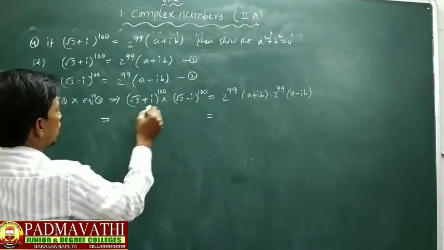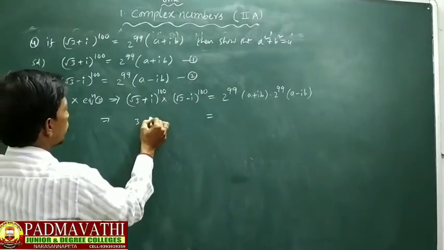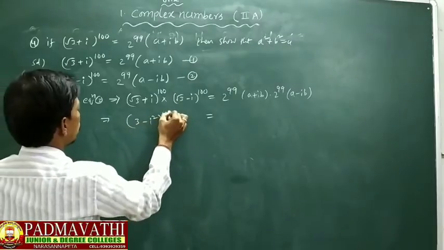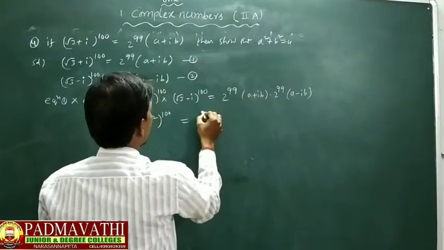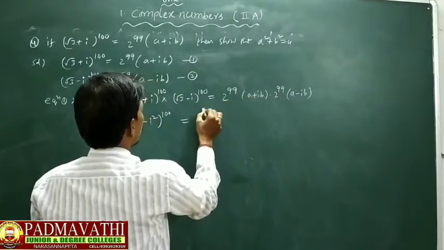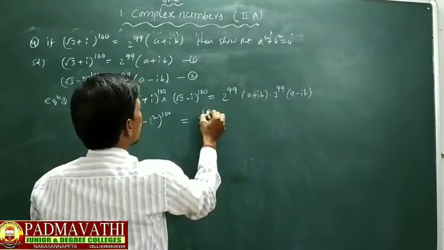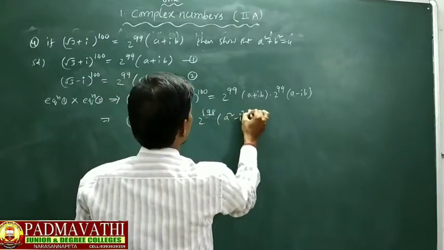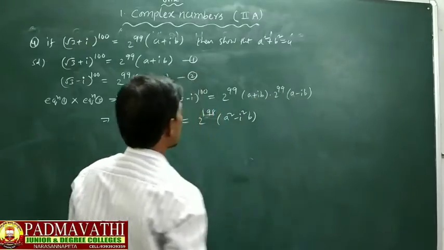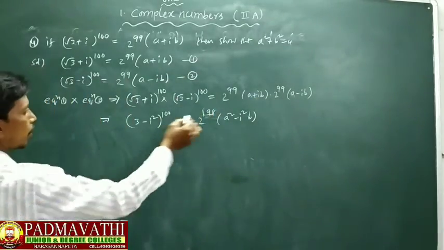That equals (root 3 into root 3 is 3, minus i square) whole power 100, and 2 power 198 into (a plus ib)(a minus ib), which equals a square minus i square b square.